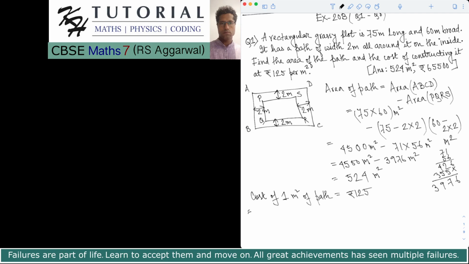So this implies the cost of 524 meter square of path will be equal to rupees 125 multiplied by 524. How much is this?